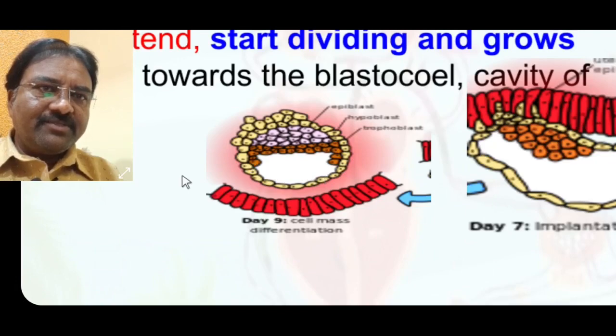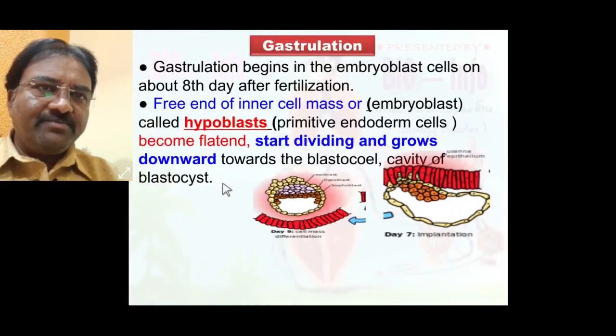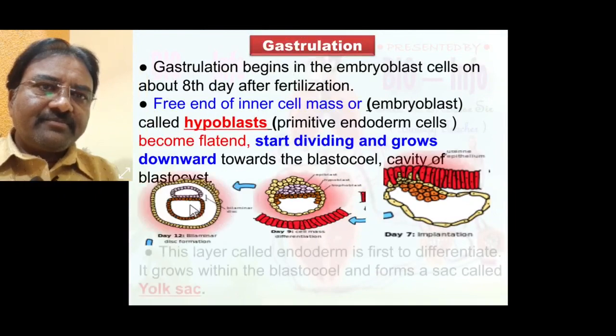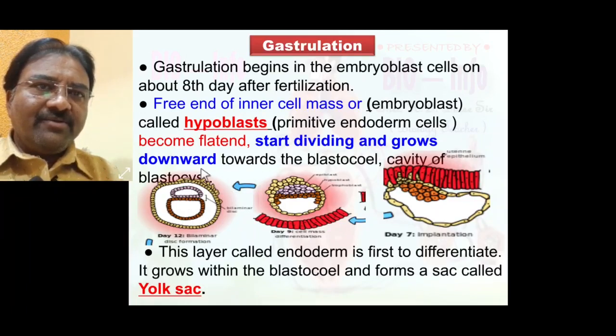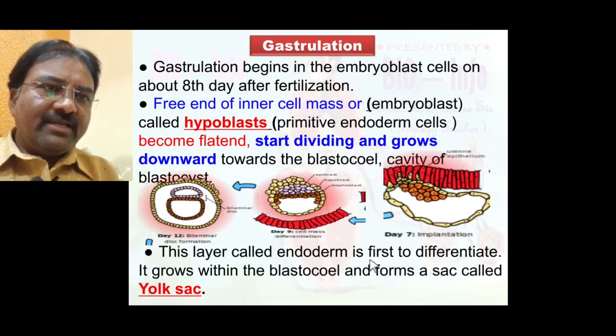This process is continuous to form the endoderm layer. So this is the endoderm layer. Due to continuous division, hypoblast cells grow downward toward the blastocele cavity of the blastocyst and form the endoderm. This layer is called endoderm, and this is the first differentiation.